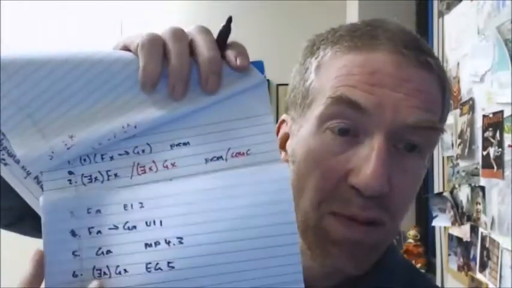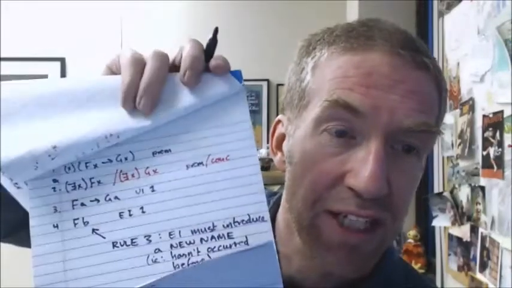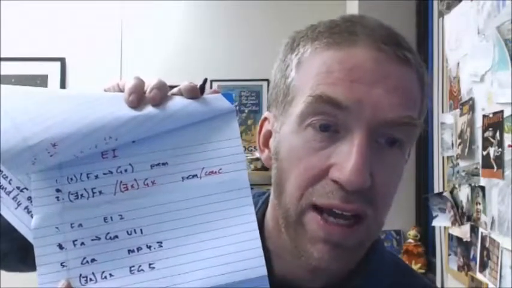Notice, whereas before I did universal instantiation on line 3, now I'm going to do the existential instantiation on line 3, and because the name A has not occurred anywhere above it, obviously it doesn't occur on lines 1 or 2, it's perfectly okay to use it. And then using universal instantiation on line 4, I can match A because there's no restriction on what name you can use with universal instantiation.